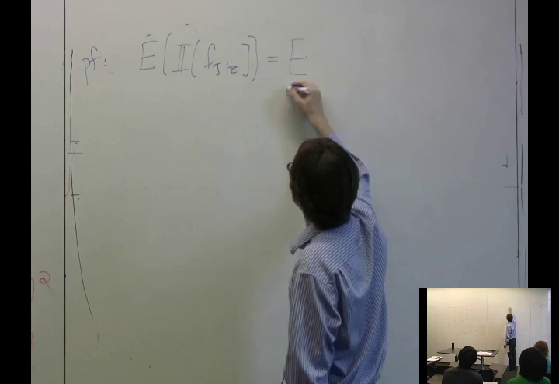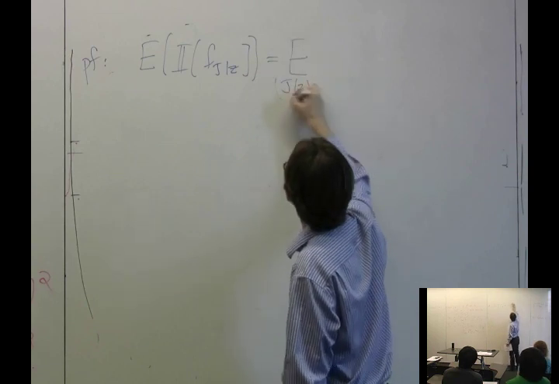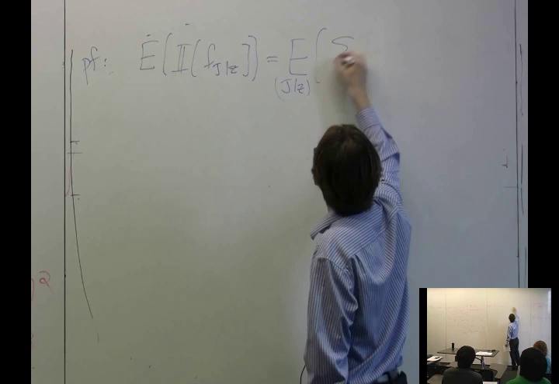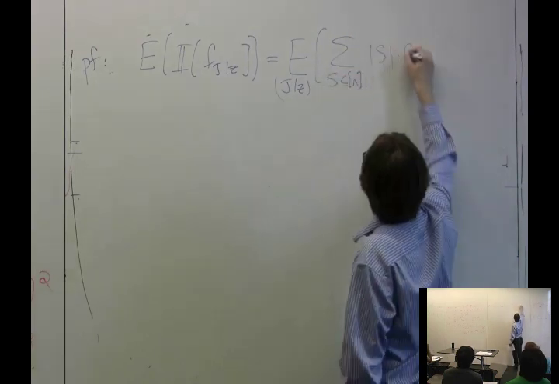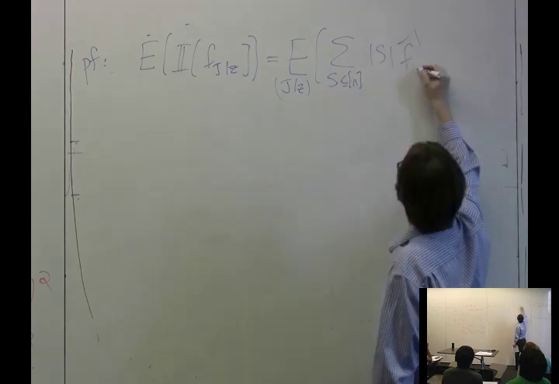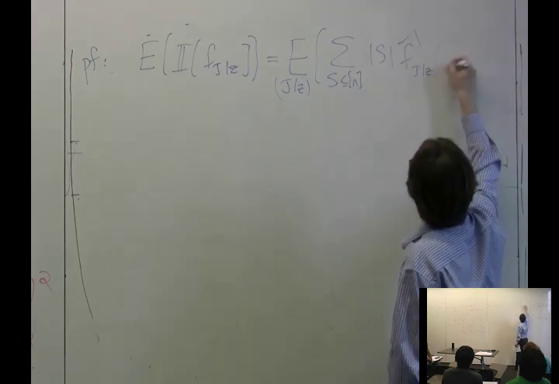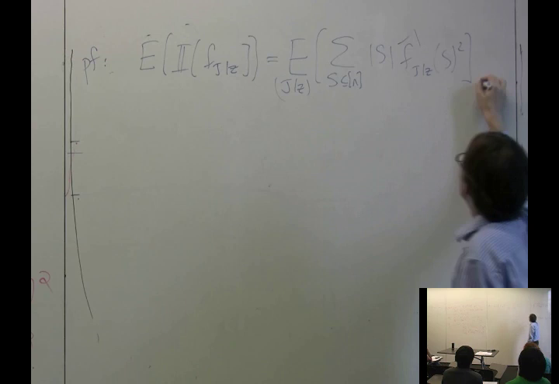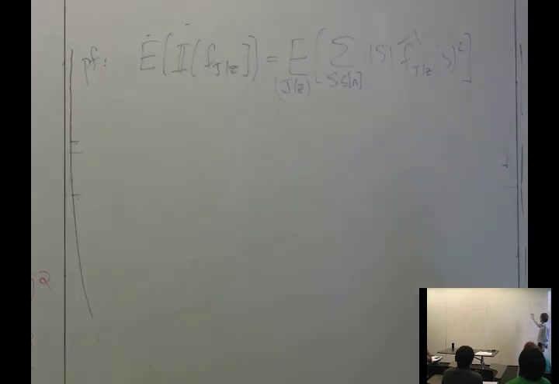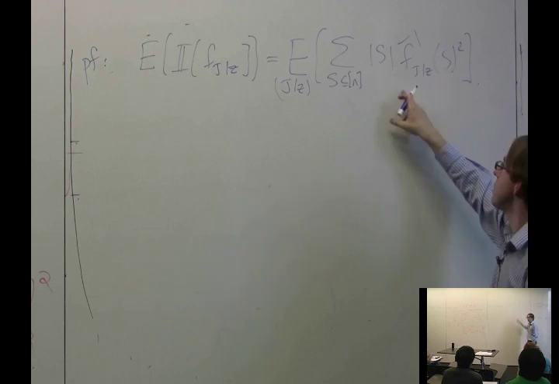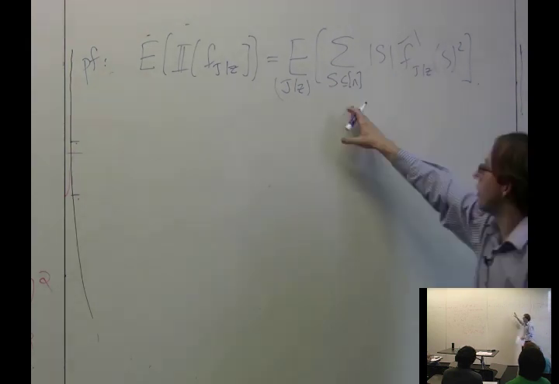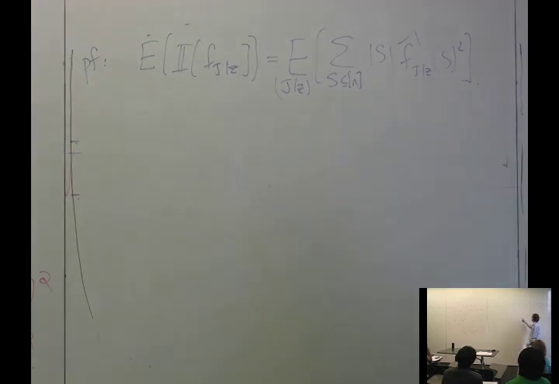This is the expectation over the random restriction of the sum over all Fourier coefficients, the cardinality of S times the S Fourier coefficient squared. Normally we would just sum over the Fourier coefficients in the domain of f, S a subset of J, but it's okay that we sum over all of them because the ones that are not a subset of J are just 0.